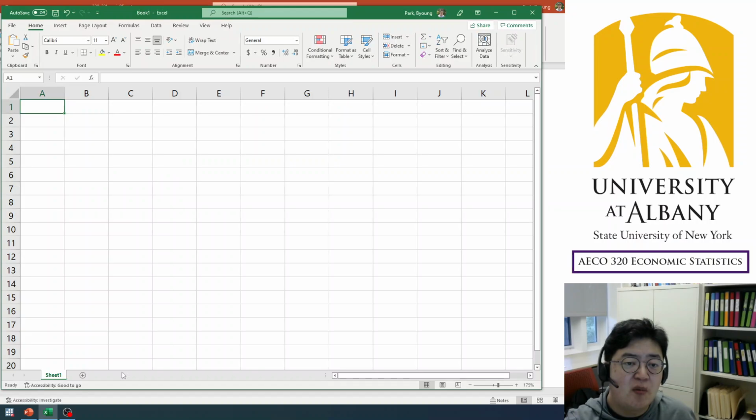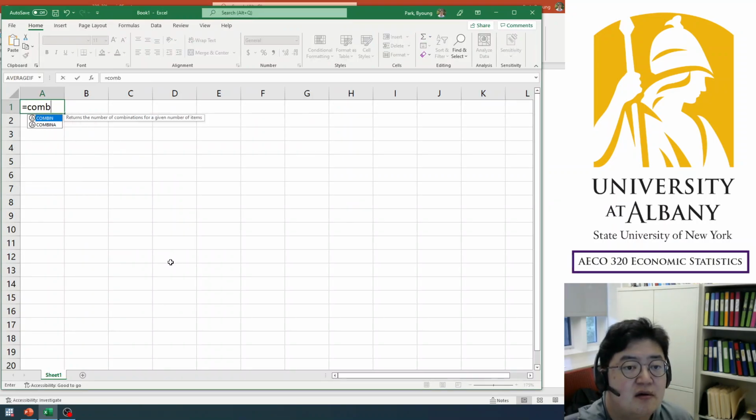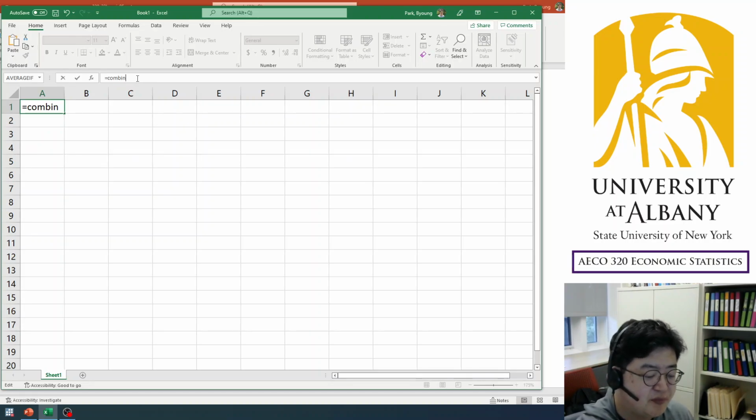But what I recommend is to use Excel. On Excel, you can use COMBIN because the name of the formula is combination rule. And then you need to enter 2 numbers. If you choose COMBIN, you have to enter number and number chosen.